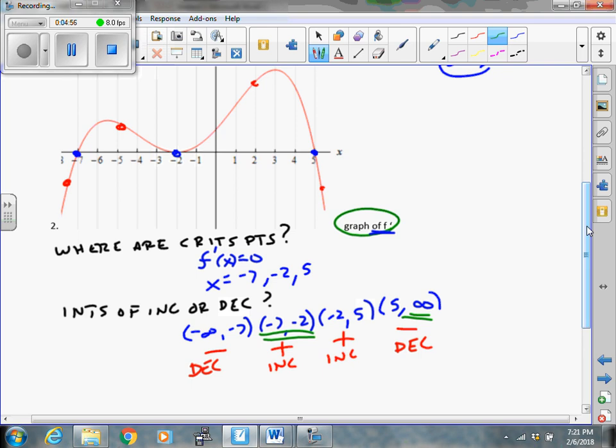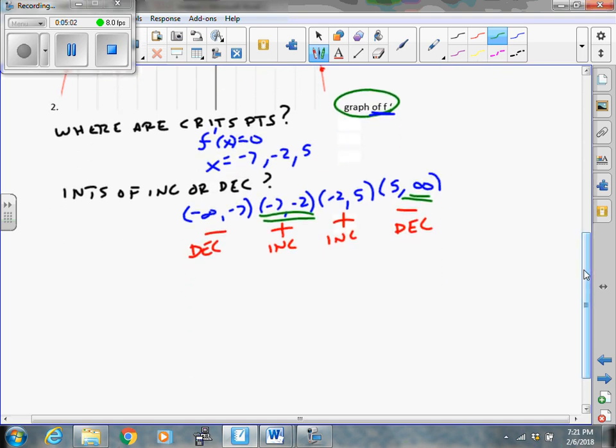Okay, now, obviously you know what the next question would be. Are there any maxes and mins? Any extremes? We were following our steps already. We did crit points, we did intervals of increase and decrease, which gives us an image of what the function looks like.